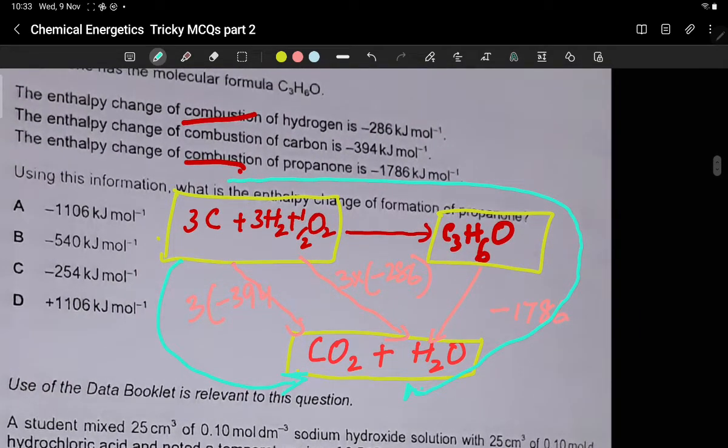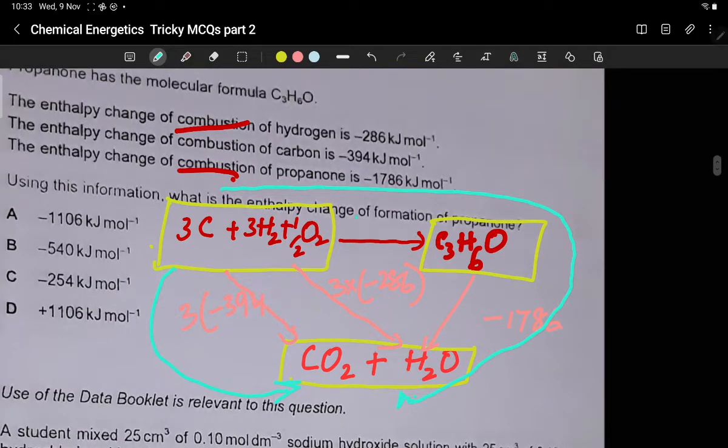So this is delta HF. Write down accordingly: 3 into minus 394 plus 3 into minus 286 is equal to delta HF minus 1786.